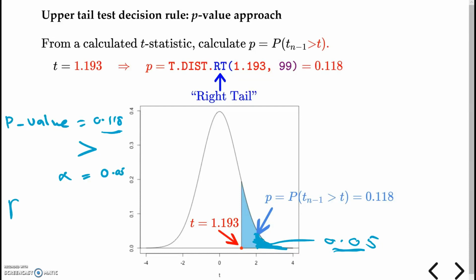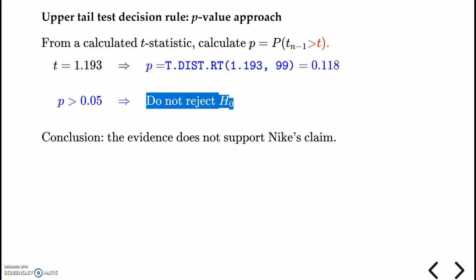Therefore, our decision would be to not reject H0, right? Let's now go on and make the conclusion. We know that the p-value we calculated, which is 0.118, is greater than 0.05. Therefore, we do not reject the null hypothesis.